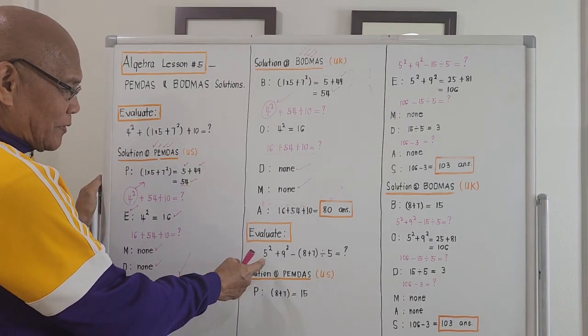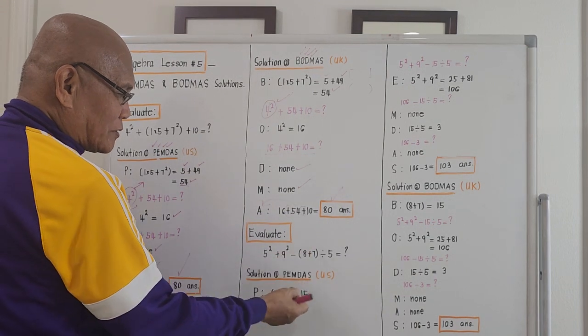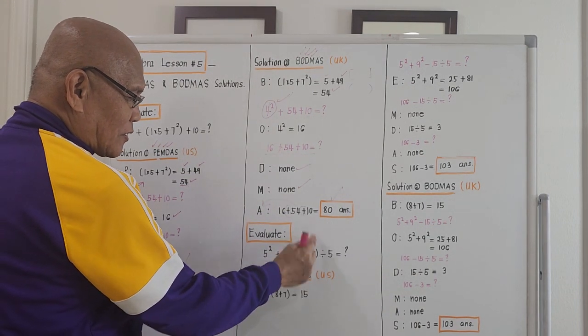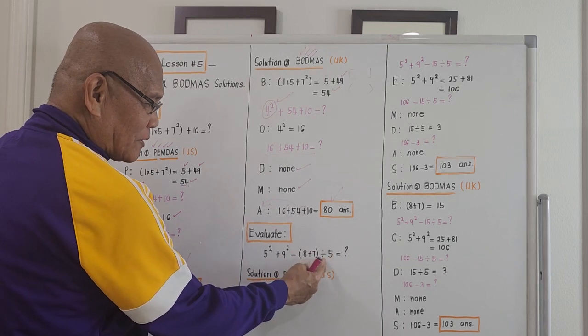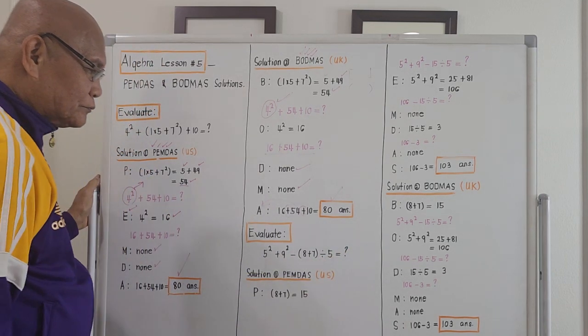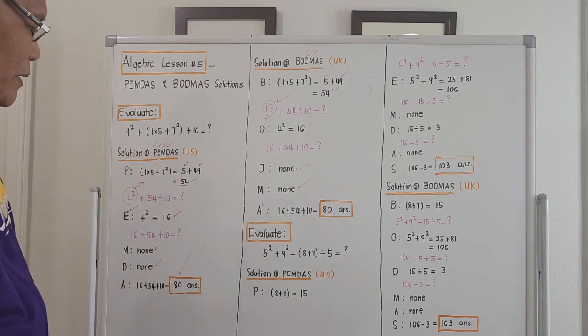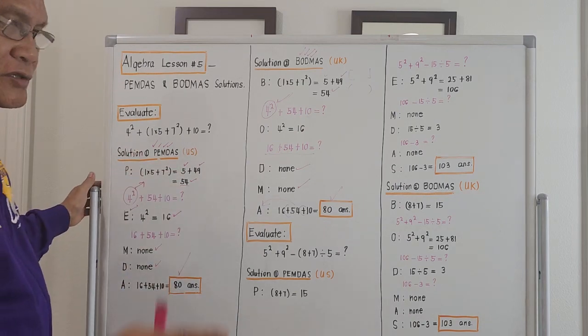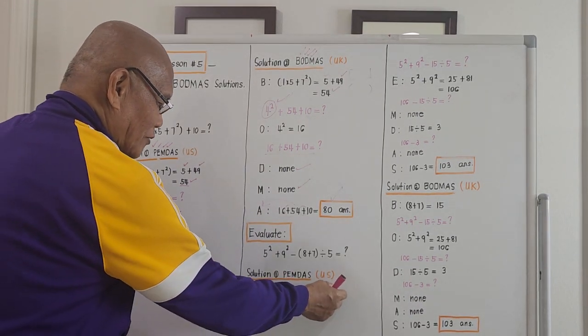Example number 2 will be 5 squared plus 9 squared minus open quantity 8 plus 7 close quantity divided by 5, and they should be equal to. It's a little bit more complicated than the first one. Okay, let's bring out the first solution using PEMDAS, the United States solution.